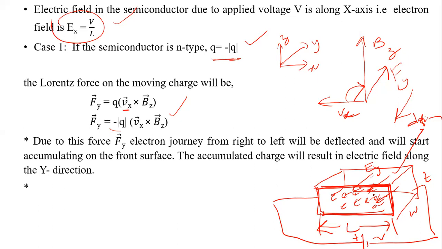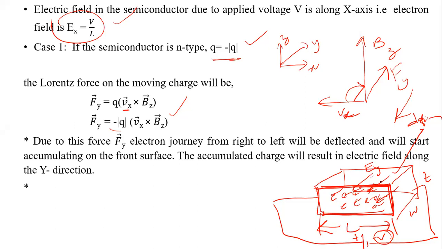So this transverse electric field or transverse potential that is developed across the semiconductor under the action of the Lorentz force is known as your Hall voltage. The applied voltage is along X, but the Hall voltage is along the Y axis. Please try to picture that.